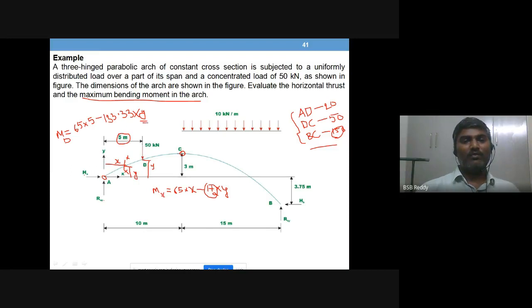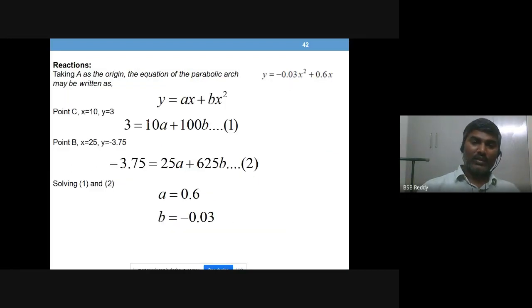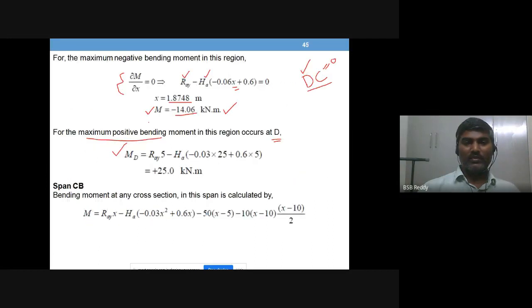That will give you the Y value, and finally the moment at D as 25.